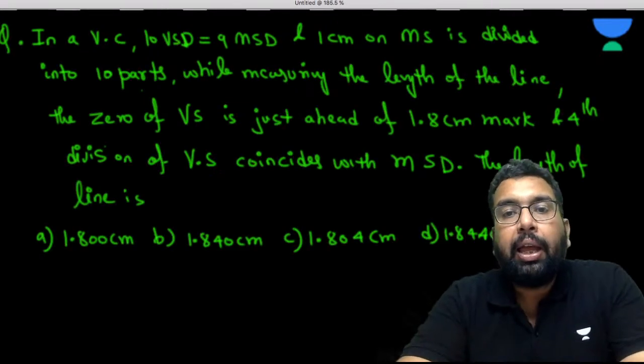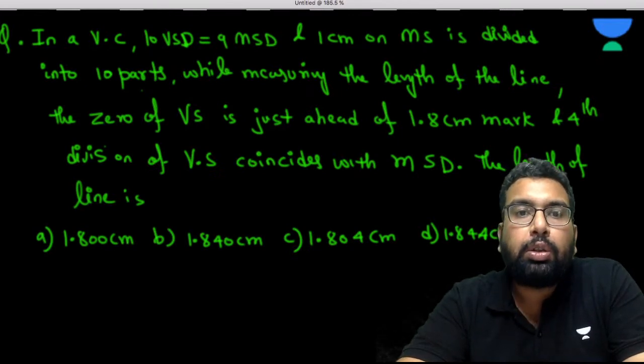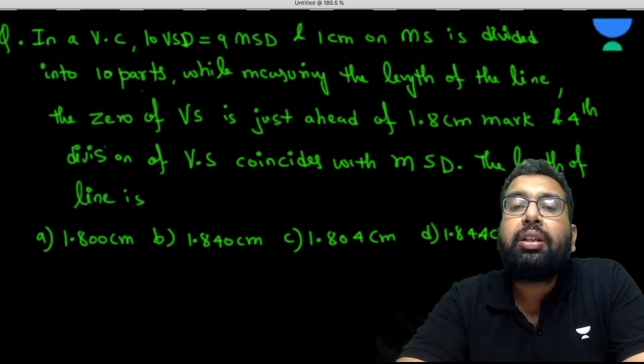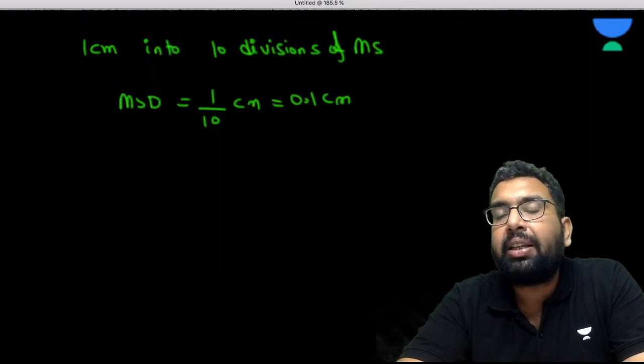Now we need the least count also. While measuring the length of the line, the zero of the Vernier scale is just ahead of the 1.8 centimeter mark, and the fourth division of the Vernier scale coincides with a main scale division. The main scale reading is given.